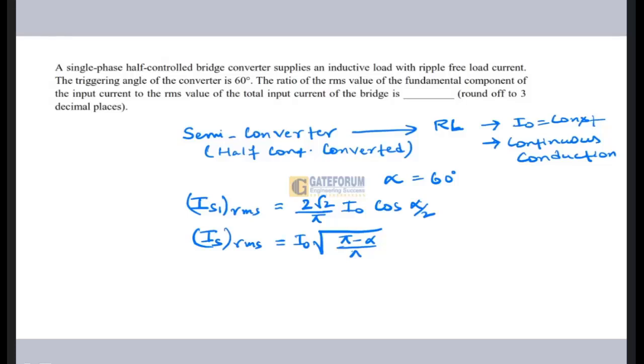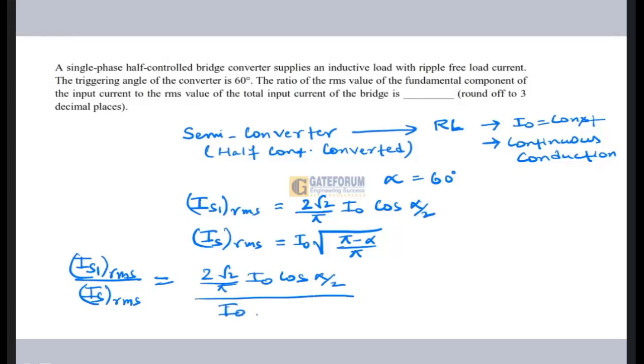So you can see that if I just find out the ratio, IS1 RMS by IS RMS, that is fundamental RMS source current and this is the total source current, so this would be 2 root 2 by pi I naught cos alpha by 2, and this is I naught under root pi minus alpha upon pi.